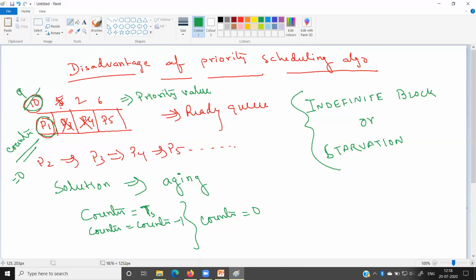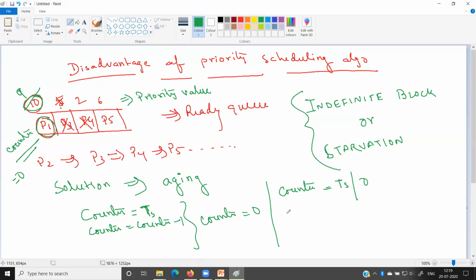So here the priority value is decremented from 10 to 9, and after decrementing the priority value, again the counter will be initialized with the initial value, either the timestamp value TS or 0. If you assign the timestamp value TS, then after each execution of each process, you have to decrease the counter value by 1.